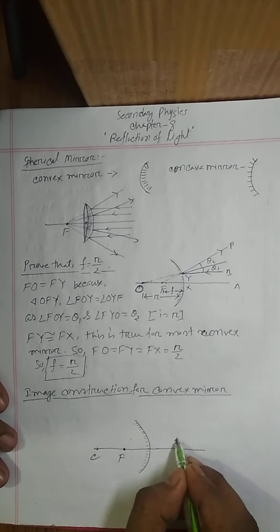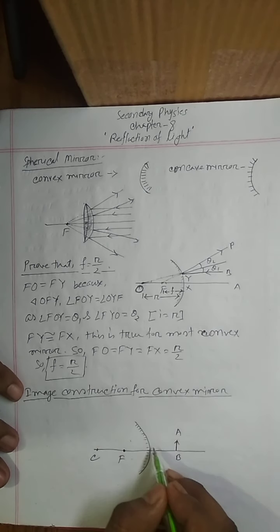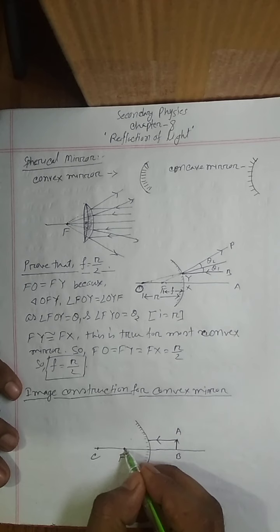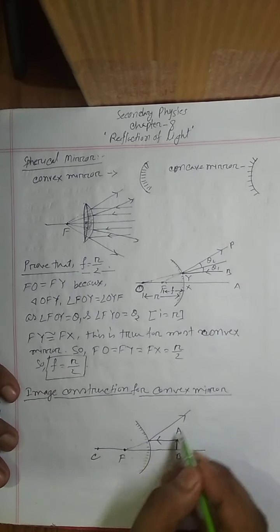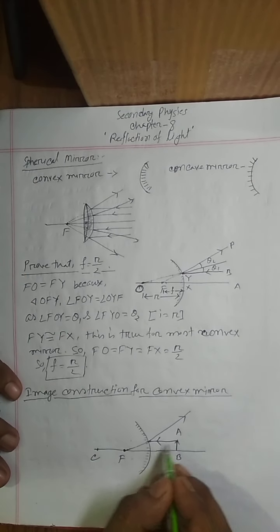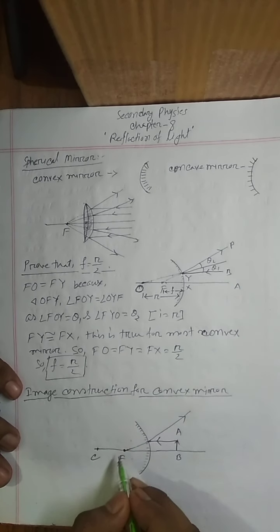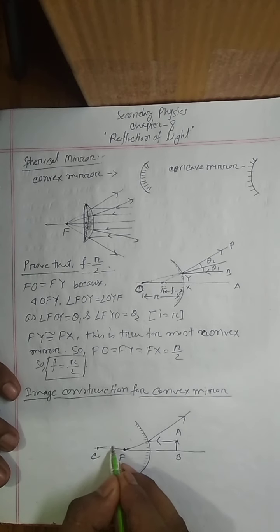This is a large object AB. First, a parallel ray of light comes from point A and hits this mirror, and it goes from the focus. Then another goes through the center of curvature.